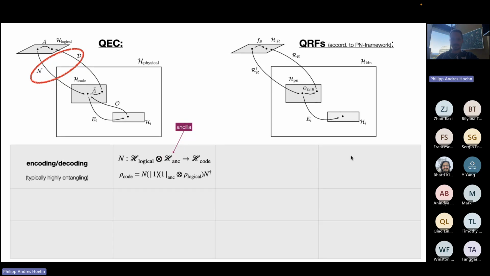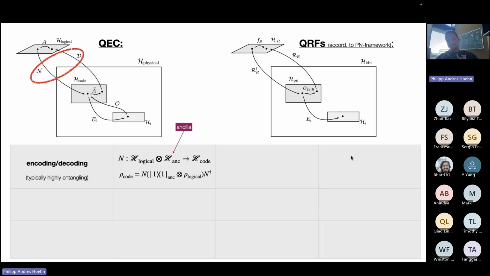In the quantum error correction literature, you don't always call it ancilla, but whatever. So just some additional degrees of freedom that are going to be in some fixed state. And then I do some non-local unitary N on the whole thing, so that I spread the logical information in some sense as non-locally as possible across all the degrees of freedom, so that they get more or less protected from local errors. So this N is usually going to be highly entangling.